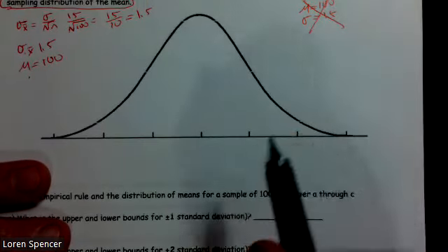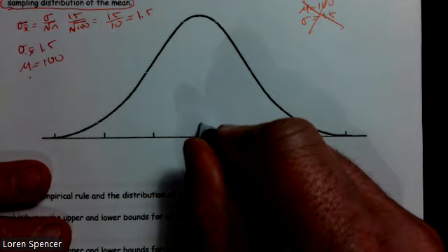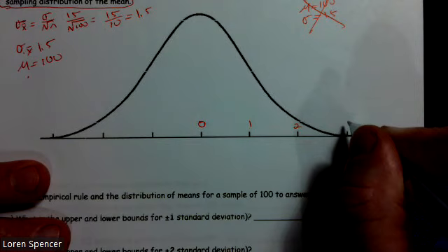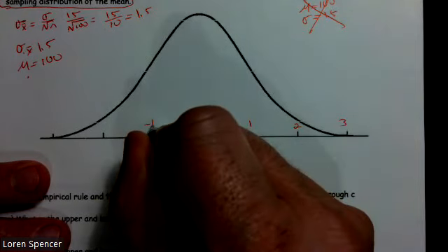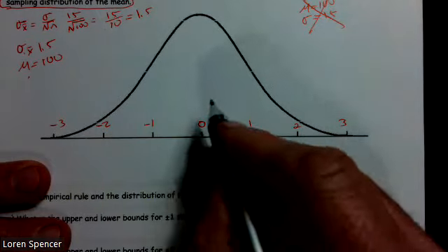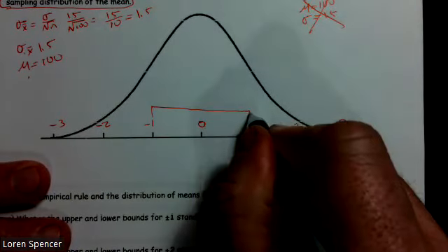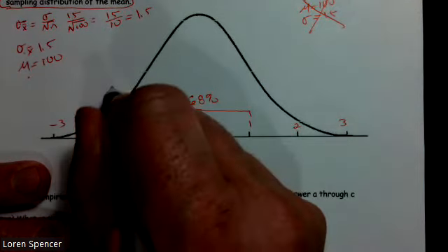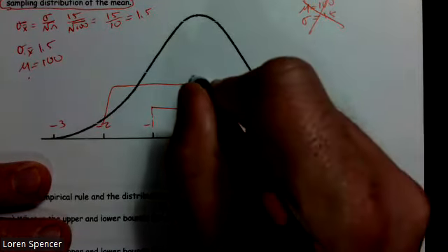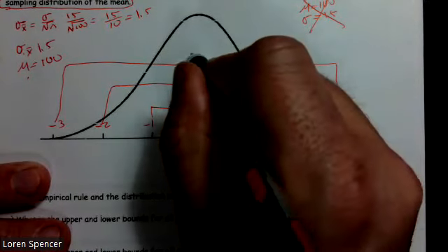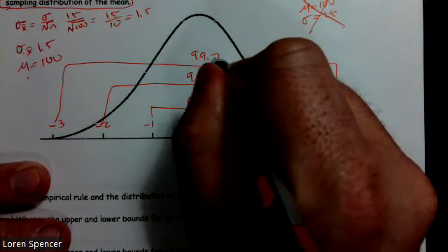All right, first off, our z-score still doesn't change. It's all z-scores regardless of the situation: 0, 1, 2, 3, -1, -2, -3. And we still have 68%, plus or minus 1, plus or minus 2 is 95%, and plus or minus 3 is 99.7%.